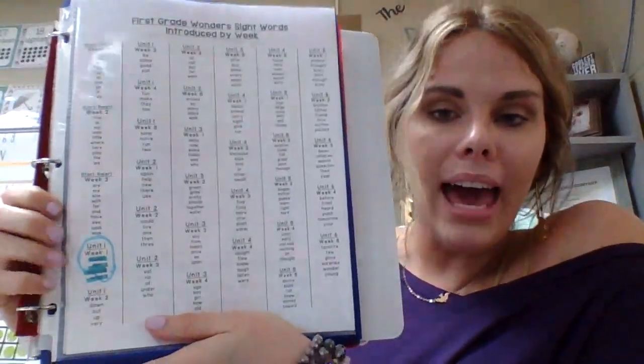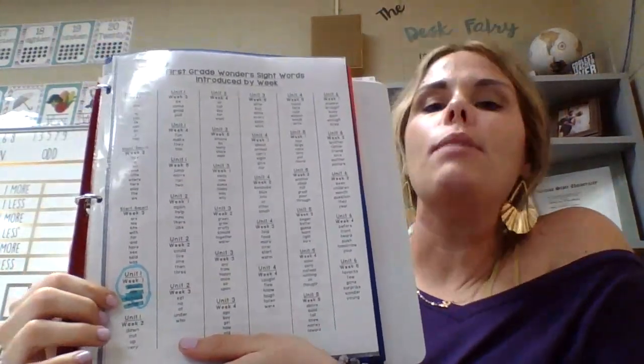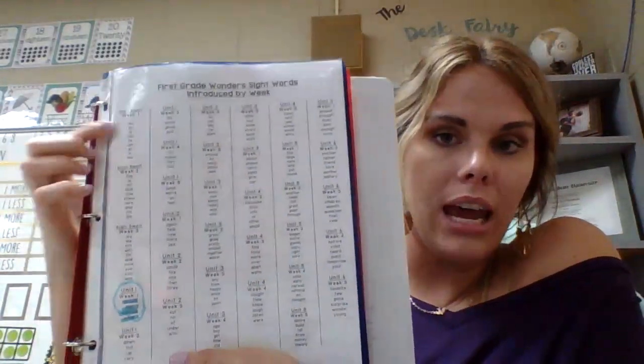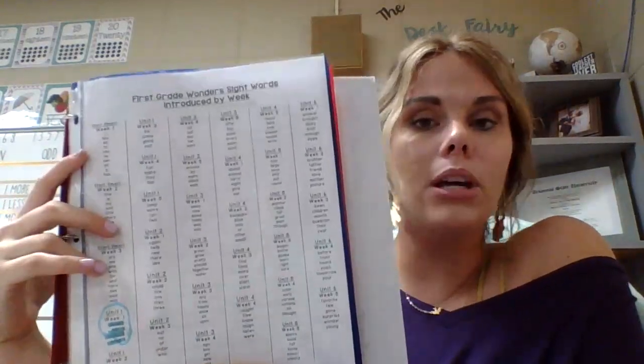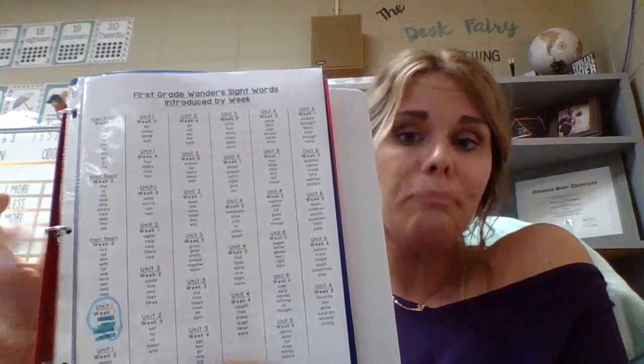Next is our sight words or high frequency words. So what I do with my class is I highlight them as we go. So by the end of the year, almost all of these words will be highlighted, okay? These three portions won't be highlighted because those are kind of easy words that they should already know from kindergarten.